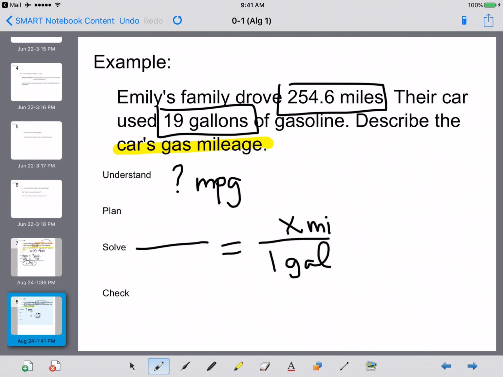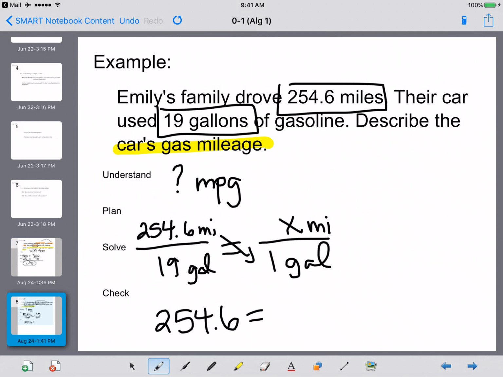Now what I can do over here is, we got 254.6 miles to 19 gallons. Looking at this problem, what can I do here? Oh yeah, cross multiply and divide. So we're going to multiply here. 254.6 times 1 is just 254.6.